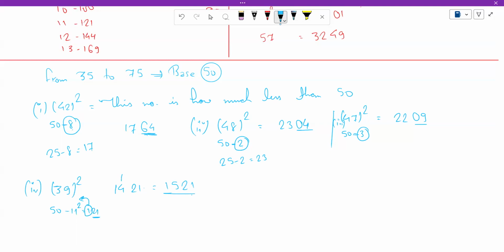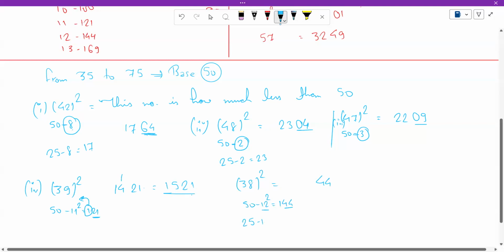If I tell you to find the square of 38, what is 38 square? How much is it less than 50? It is 50 minus 12. So 12 square is 144. So 44 will be my last two digits. Now since it is 12 less than 50, I'll subtract 12 from 25, which is 13.